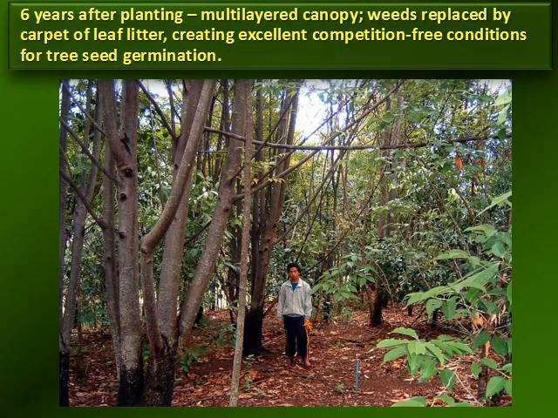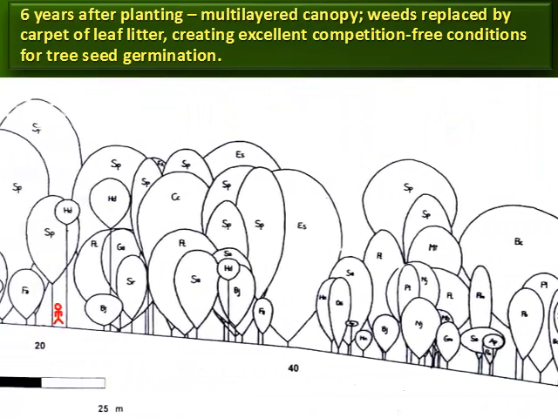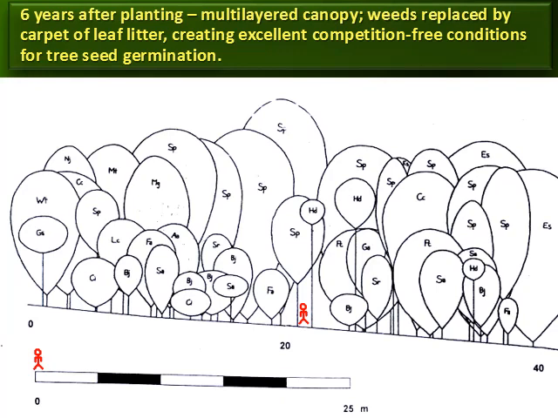Return of structure. Well, I got my students to do a transect through this 6-year-old plot, and this is what it looks like. And it really does reflect the little cartoon diagram that I showed you earlier. Here are the pioneer trees. S stands for Spondias, M is a Magnolia, N is a Nyssa.